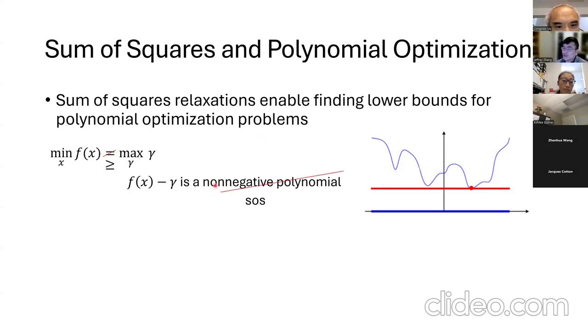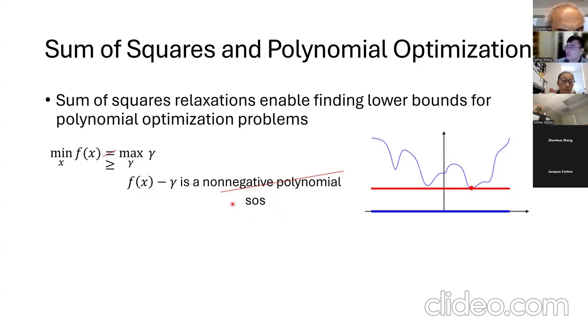But the idea behind sum of squares is this: the constraint that f(x) minus gamma is a non-negative polynomial, if I replace it with f(x) minus gamma being a sum of squares polynomial, is now a semidefinite program. So this problem, maximize gamma such that f(x) minus gamma is a sum of squares, is something that we can actually do.